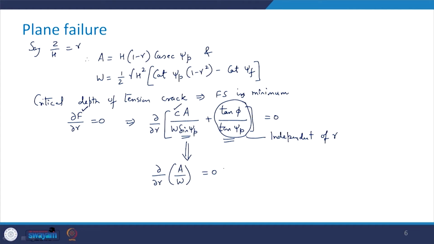Now, this A and W both are functions of r, as you can see here. So, we need to do the differentiation accordingly.